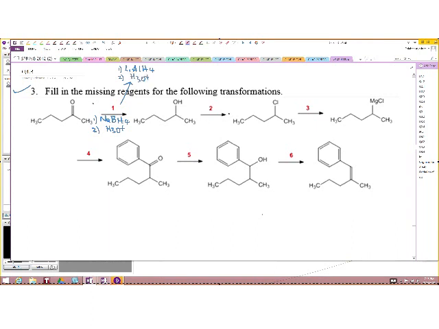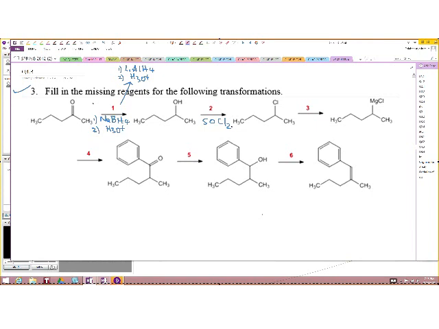Step 2, what are we doing here? Going from an alcohol to an alkyl chloride, right? I'll tell you now, you need this reagent here: thionyl chloride, SOCl2. I want to spend a few minutes on this reagent.